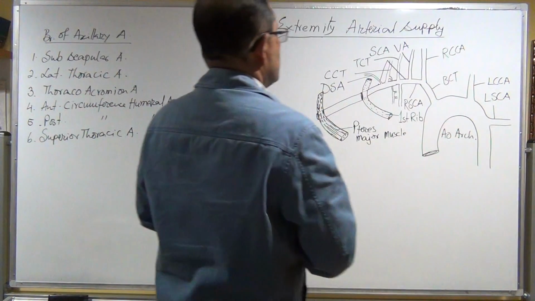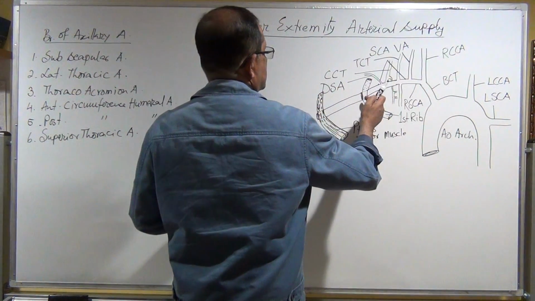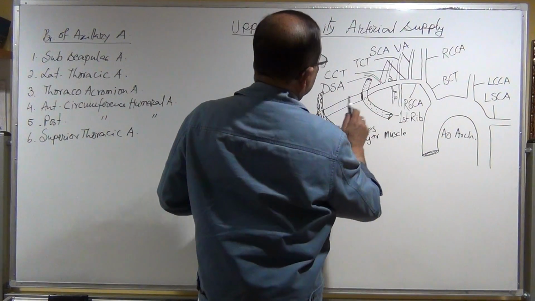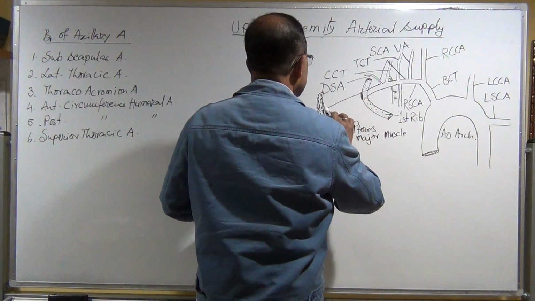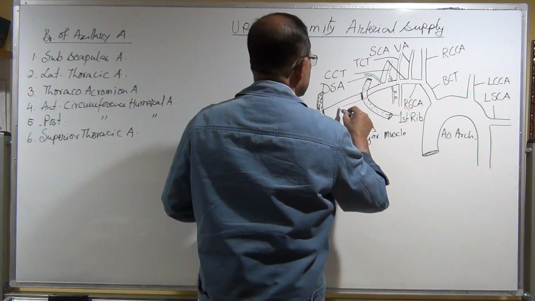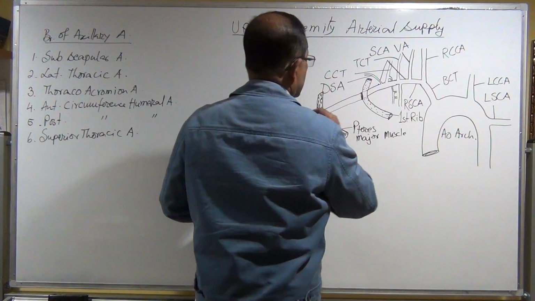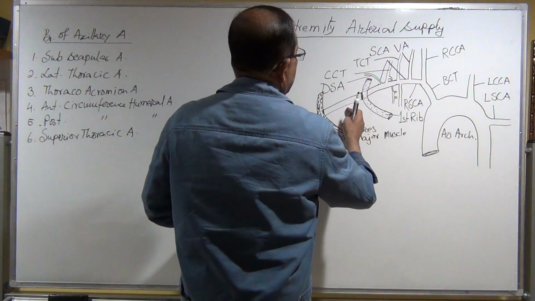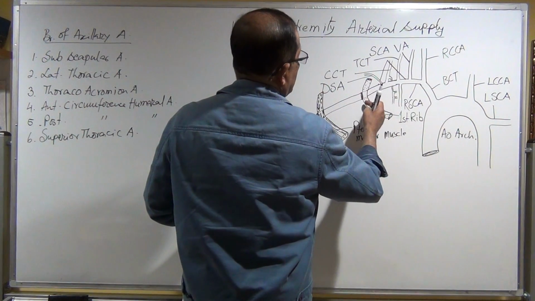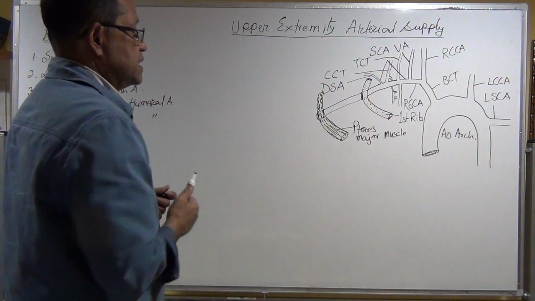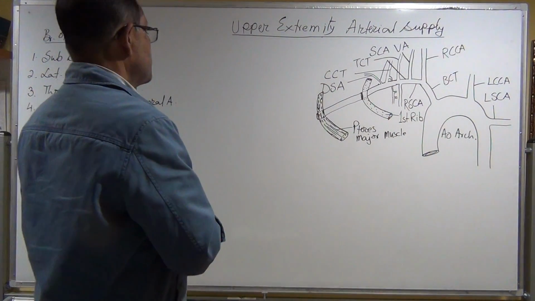So from there the subclavian artery starts. So now the axillary artery is from the outer border of the first rib to the outer border of the teres major muscle. They ask these questions.